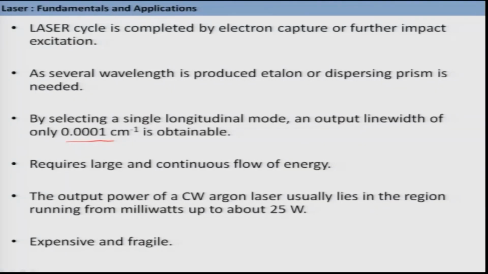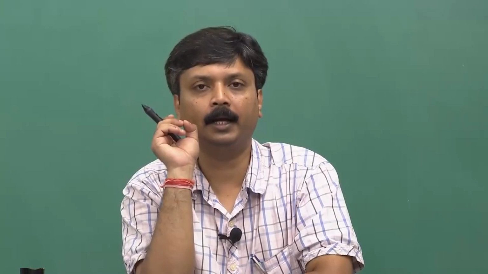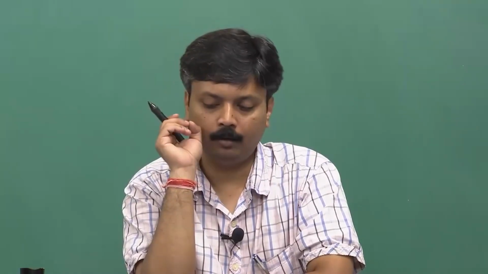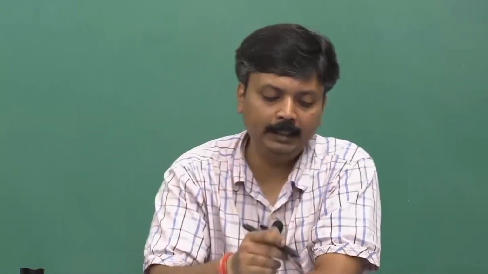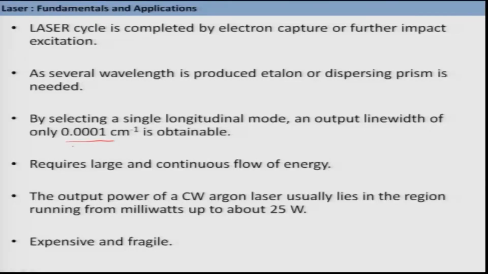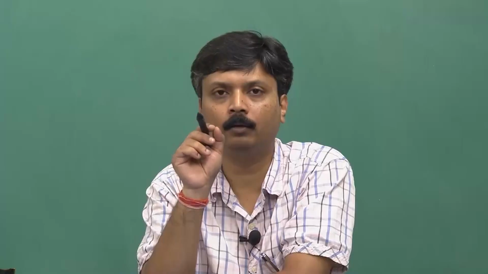You can figure out, taking 488 nanometer as the central wavelength of the emission line, and using this value of 0.0001 centimeter inverse full width at half maximum, you can exactly calculate the range of wavelength that one single line corresponds to.